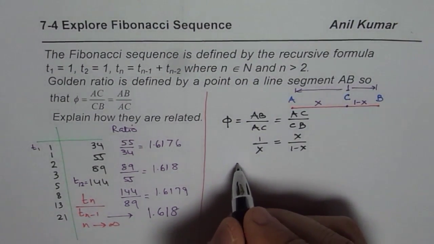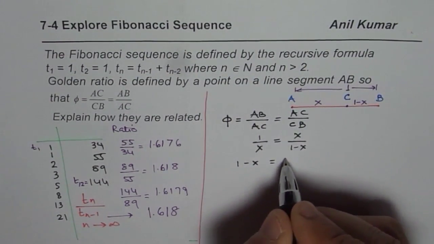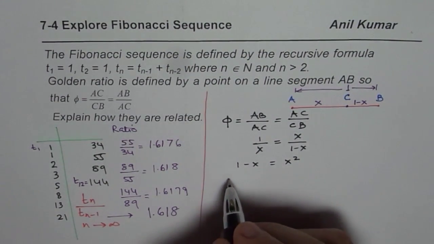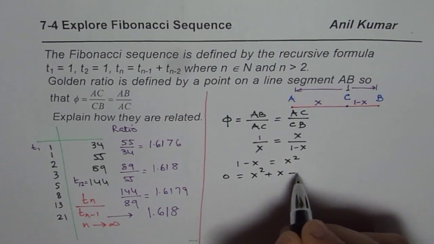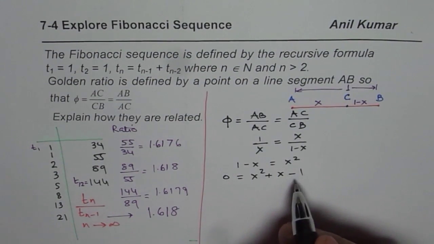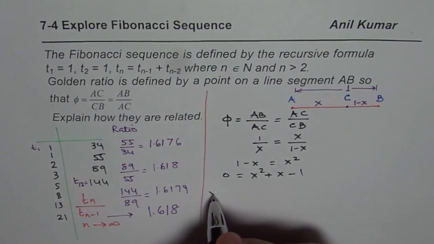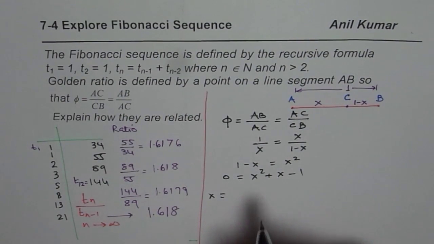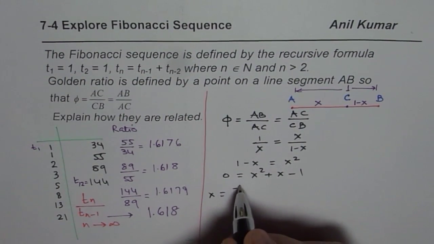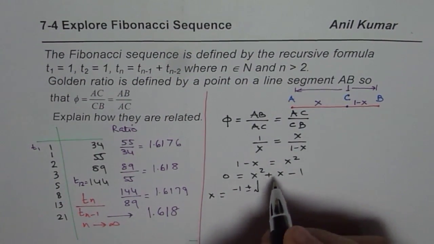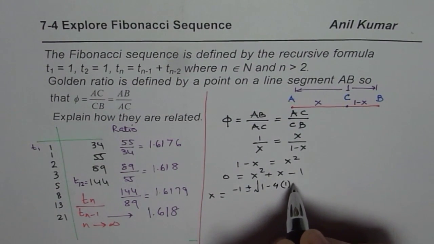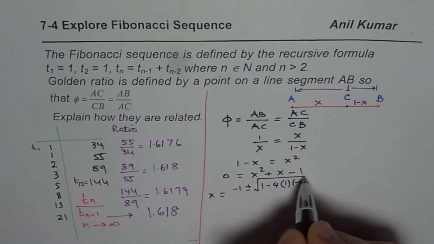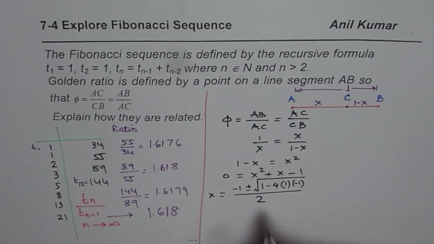Cross multiply, so we get 1 minus x equals x squared. Bring the terms together, so we have 0 equals x squared plus x minus 1. And now solve for x, apply the quadratic formula: minus b, which is minus 1, plus or minus square root of b squared, 1 squared, minus 4ac, which is minus 1 here, divided by 2.